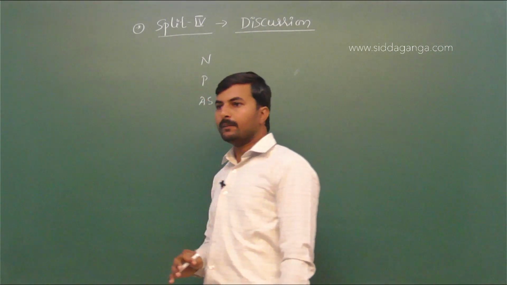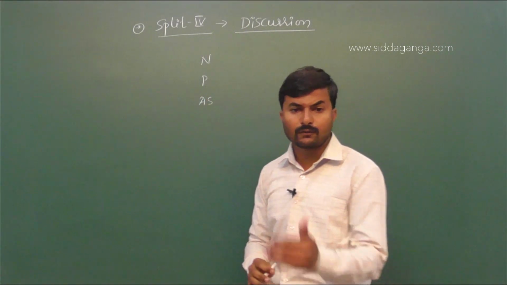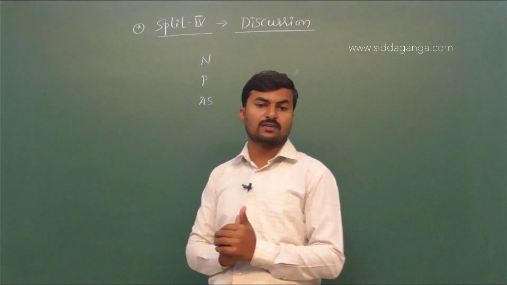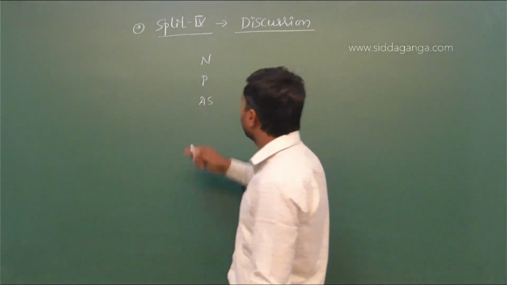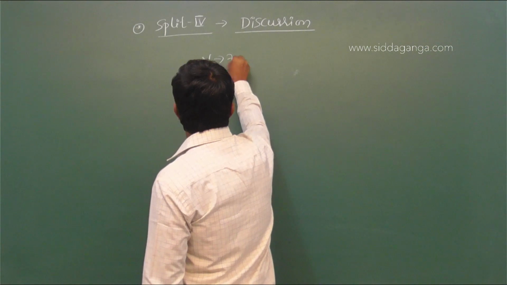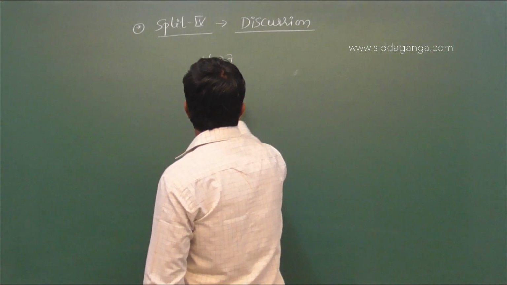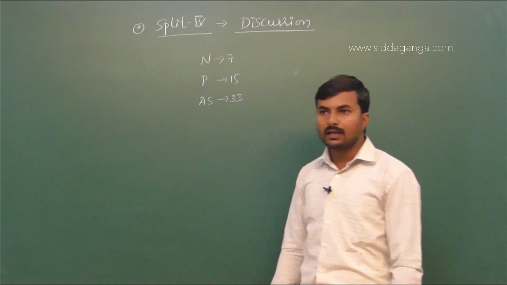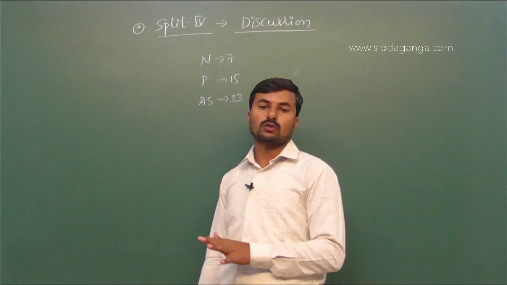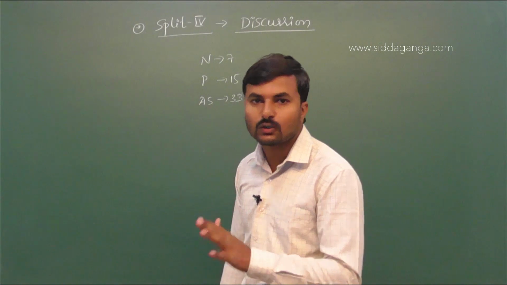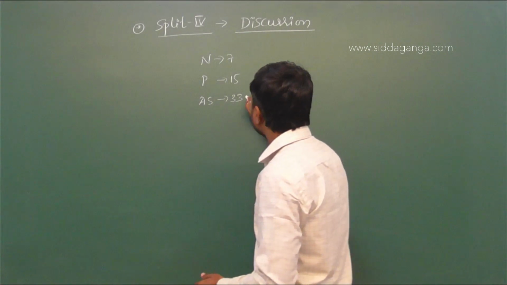These are the first three elements of the 15th group. Nitrogen has atomic number 7, phosphorus 15 and arsenic 33. That means the element which belongs to the fourth period and the 15th group is arsenic.